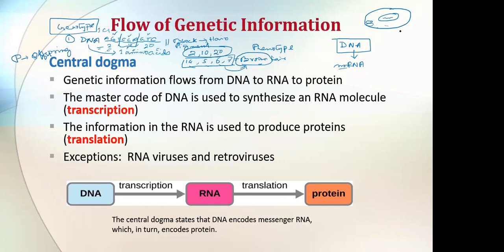It makes mRNA inside the nucleus, and that mRNA comes out of the nucleus and goes to the ribosome. Now the ribosome can read that genetic information, that sequence, three nitrogenous bases at a time, and following that instruction, the ribosome makes protein.